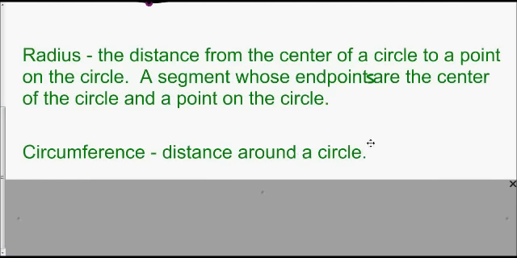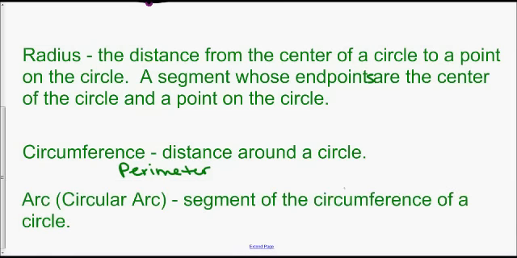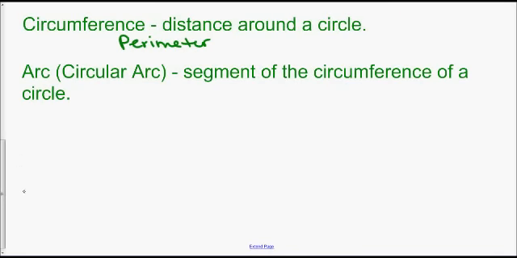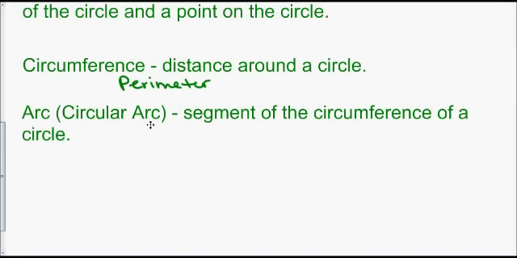Circumference is the distance around a circle. So this is similar to perimeter with other shapes. And then last, we have arc. So that might be referred to as a circular arc. That is the segment of the circumference of a circle.